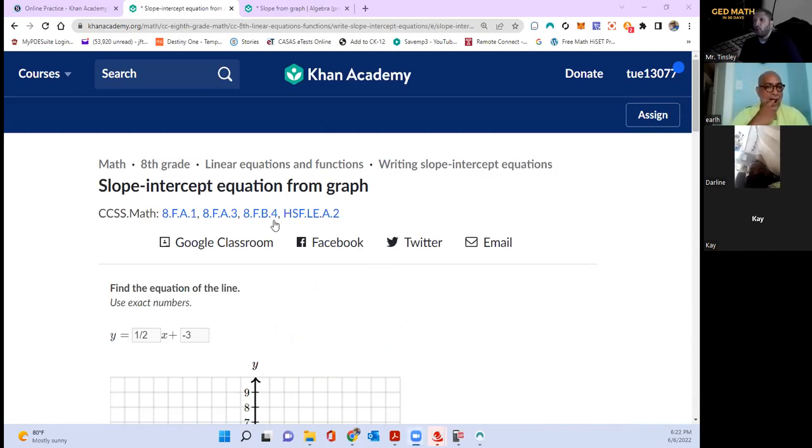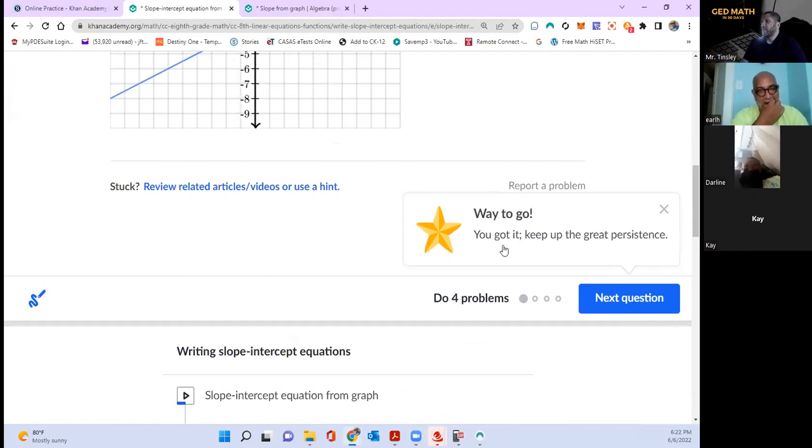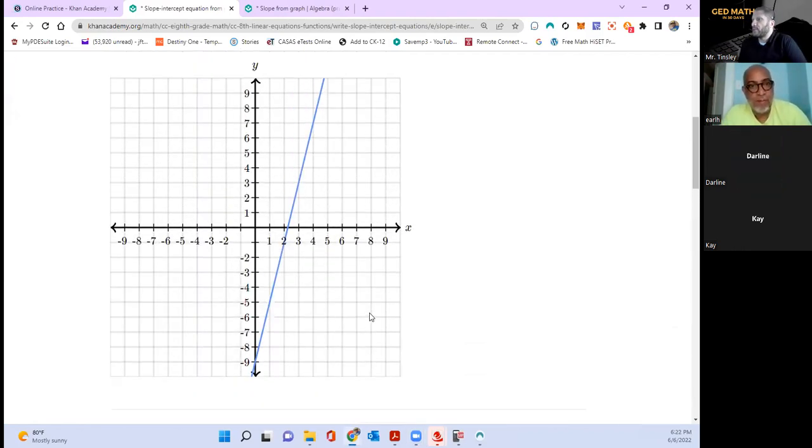But let's try one more and let's see if we can do it together. What I want you to do is send me your answer in the chat in slope intercept form, y equals mx plus b. What is the equation of this line? Because the biggest thing that I realize is when I'm going over things in videos, or we have GED Math Mondays, or have my one-on-one sessions, people understand it, like, yeah, I got it.